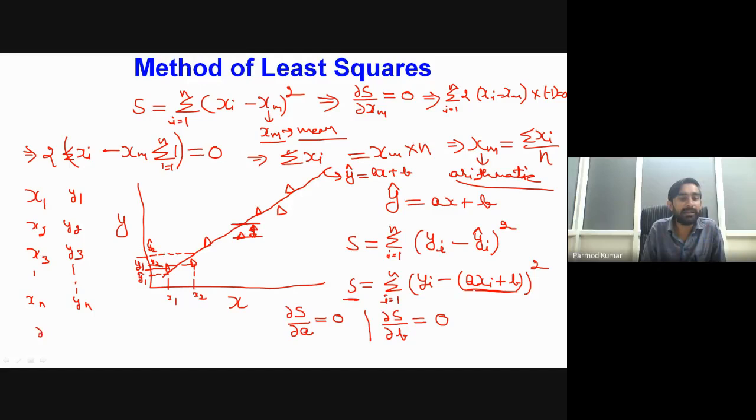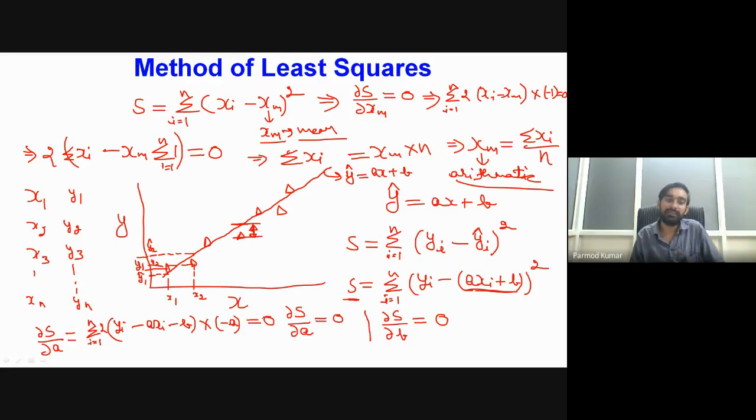Now let me write del S by del a. Del S by del a from here will become summation i varies from 1 to n, into 2 times (yi minus a xi minus b), multiplied by minus of a, equal to 0.